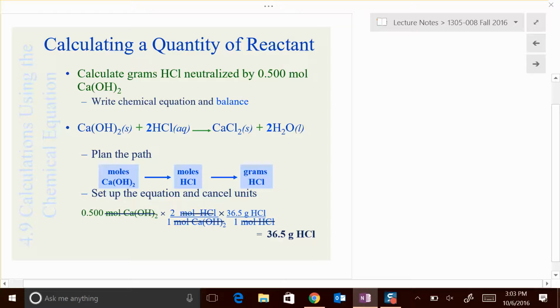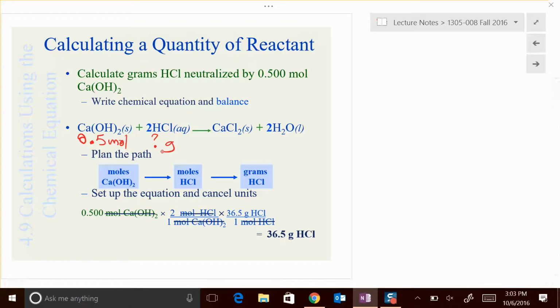Okay, so here's an example. Calculate the grams of HCl neutralized by 0.5 moles of calcium hydroxide. So I have 0.5 moles of calcium hydroxide, and I want to calculate how many grams of HCl. I'm starting here, I want to go here.